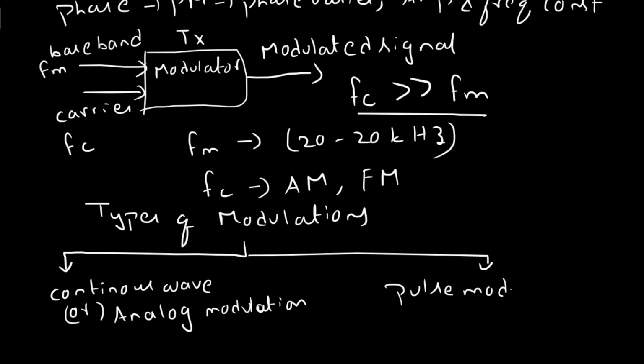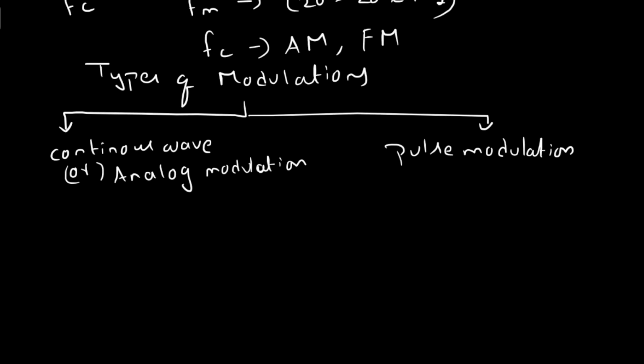According to the definition, the carrier signal characteristics are varied according to the baseband signal. The main difference between continuous wave and pulse modulation is that here the carrier is analog, but in pulse modulation the carrier is a train of pulses.